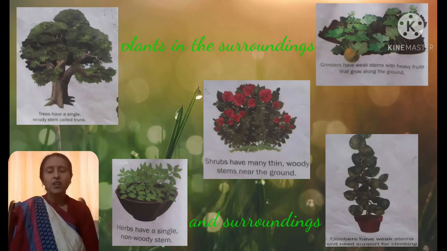Some are big like trees, and some are weaker, like herbs, as well as climbers and creepers. I hope all of you know about this, because in class 3rd chapter all these things are mentioned. So all of you are aware of climbers, creepers, shrubs, herbs.